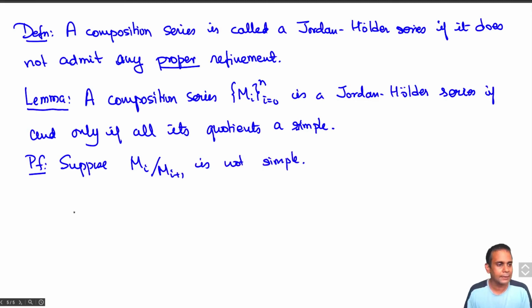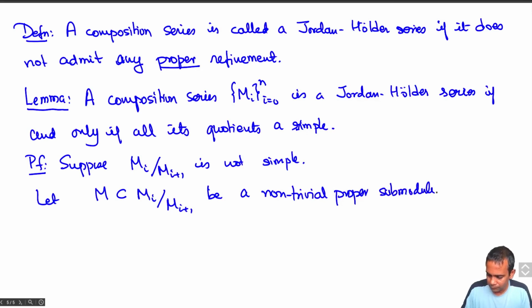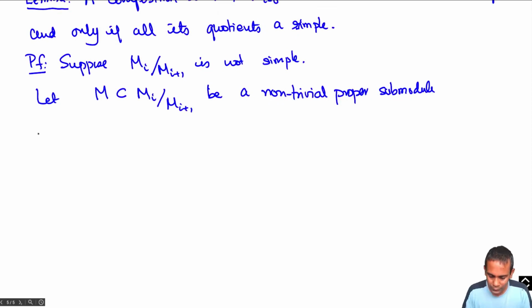So what that means is that we have a non-trivial proper submodule, call it M. Then what you can do is let Q be the quotient map from Mi to Mi mod Mi plus 1.